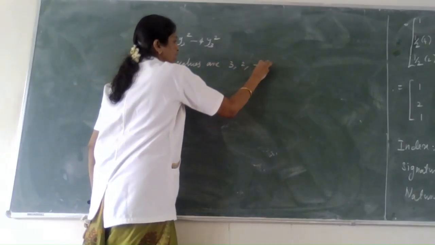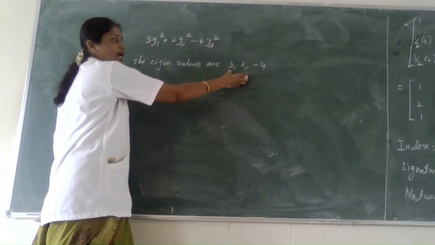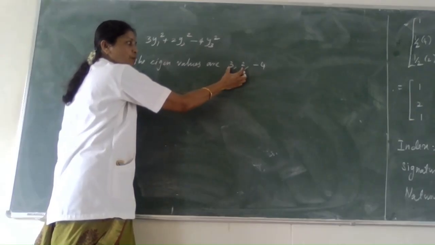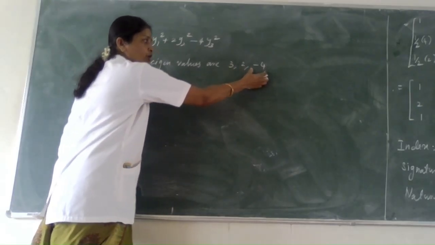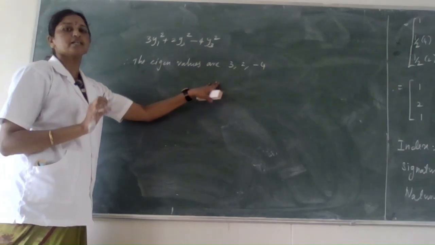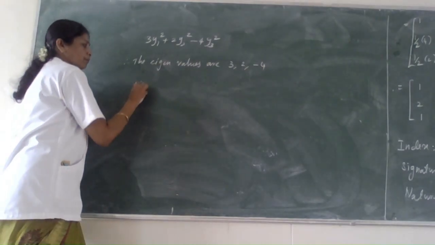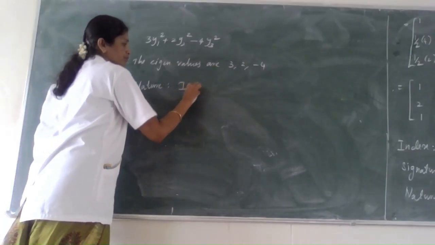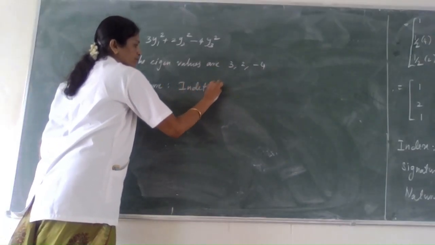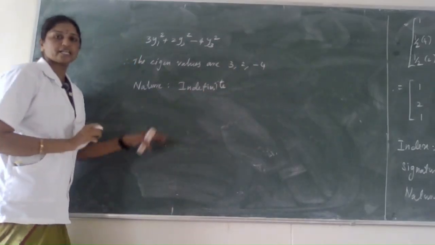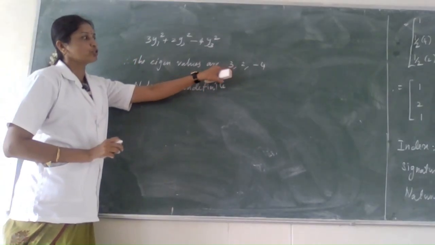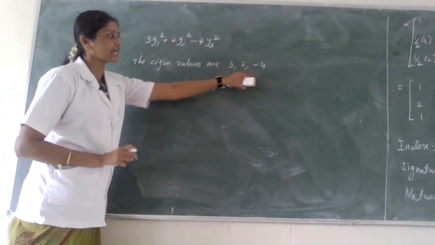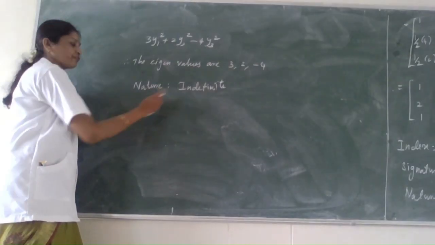In these 3 eigenvalues, 2 eigenvalues are positive and 1 is negative. Therefore, the nature is indefinite. Are you clear? 3 eigenvalues, 2 are positive, 1 is negative, then the nature is indefinite.